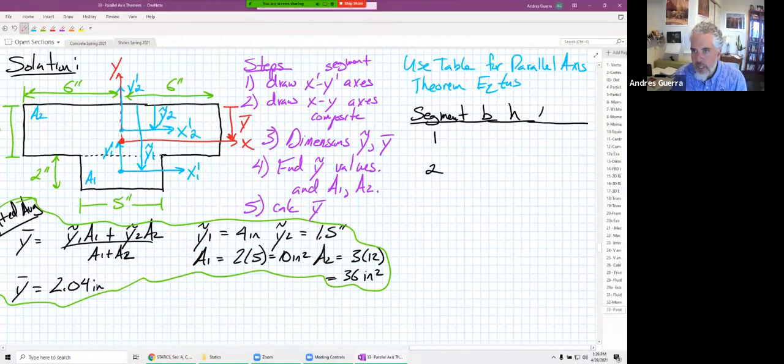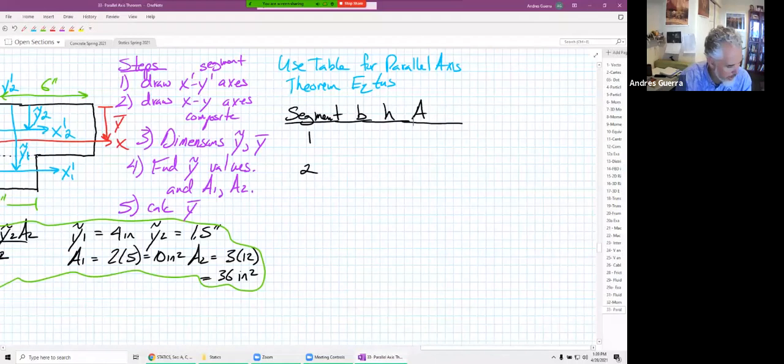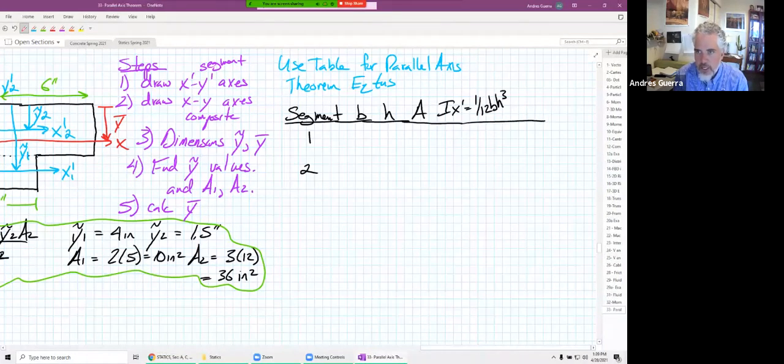Area is another one that we need in the parallel axis theorem. The other thing that we need is those Ix prime, which is our 1/12 BH cubed, and Iy prime, which is the 1/12 B cubed H.